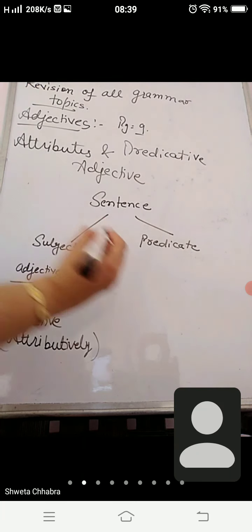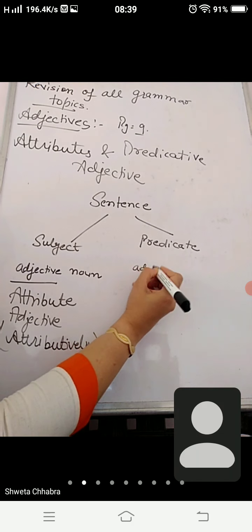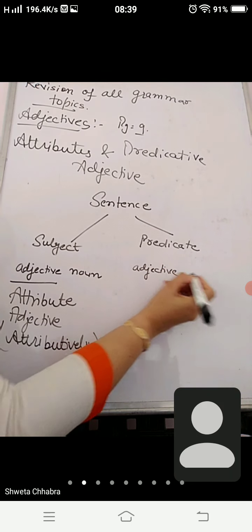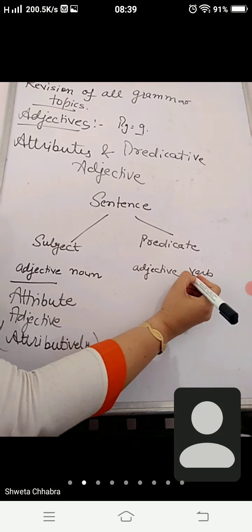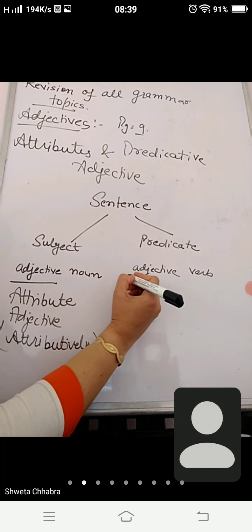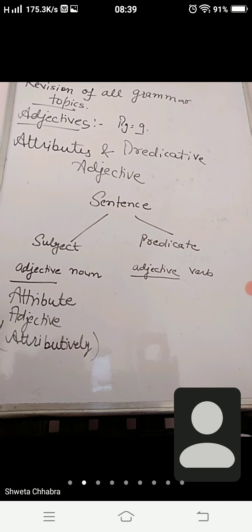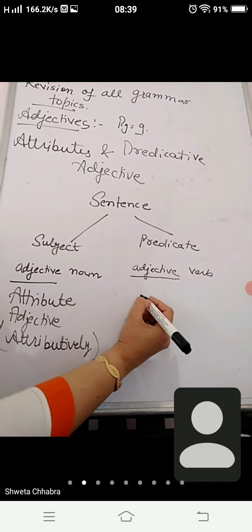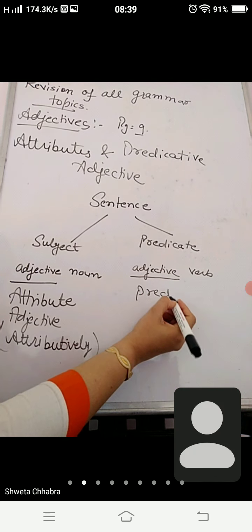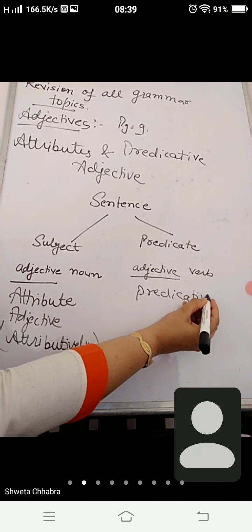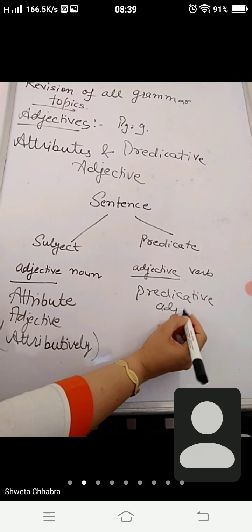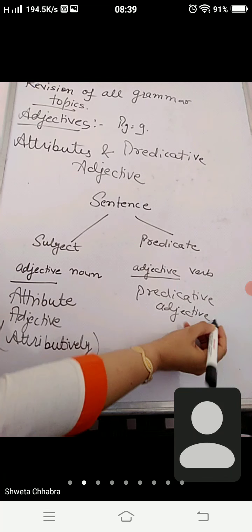Okay, and when an adjective follows a verb, because in the predicate there will be a verb, it will be known as predicative adjective. Only this simple thing keep in your mind.